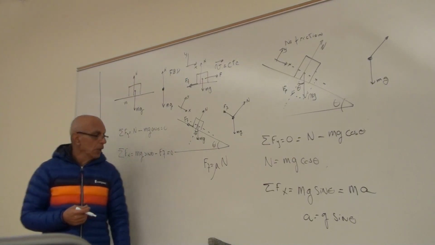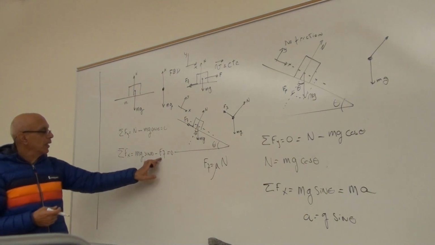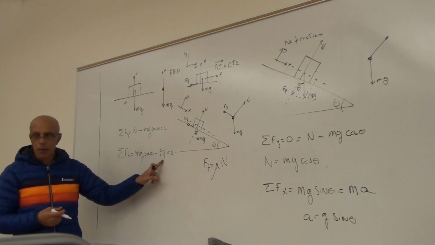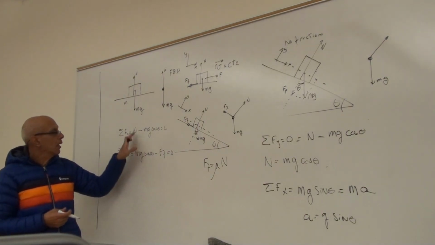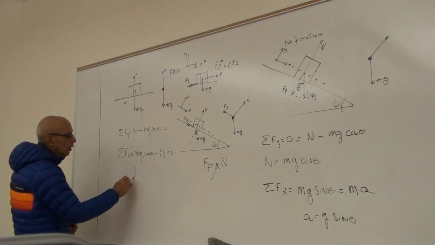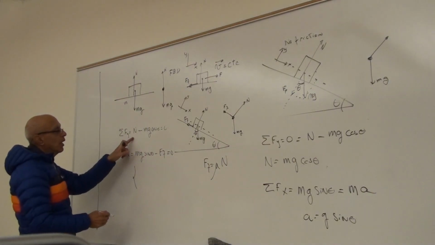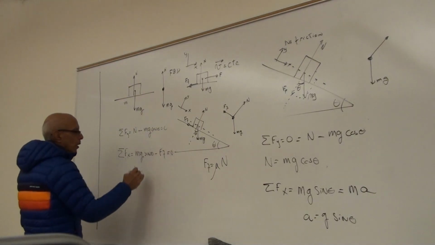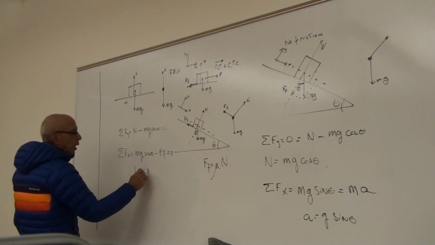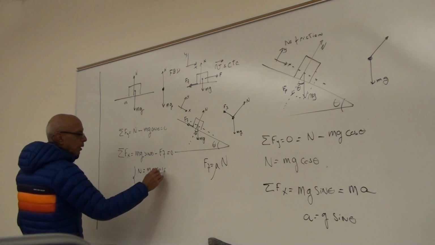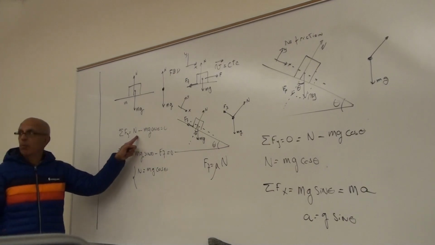All right? So in this case I can plug this in here, and I have a system of equations. N is equal to mg cosine theta, from this first equation.